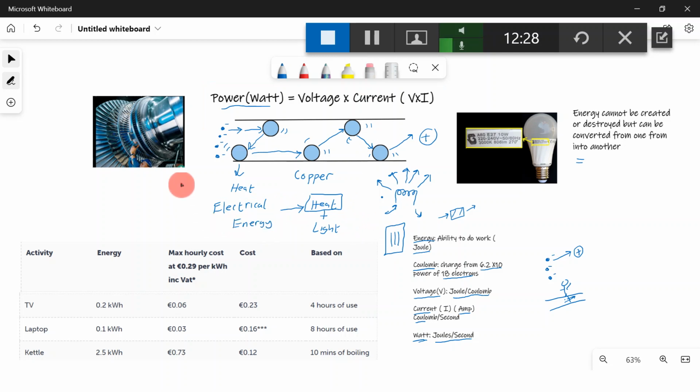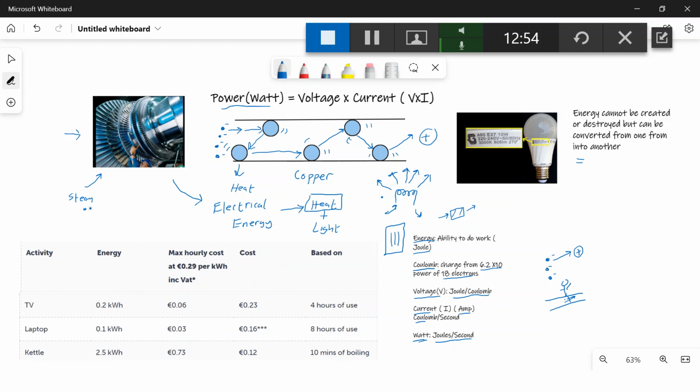And then we can even go right back. When we plug in a socket, for example, where does that energy come from? It comes from, for example, power plants. What you have there is something like a turbine. What will happen is you will have steam, which has a lot of kinetic energy.